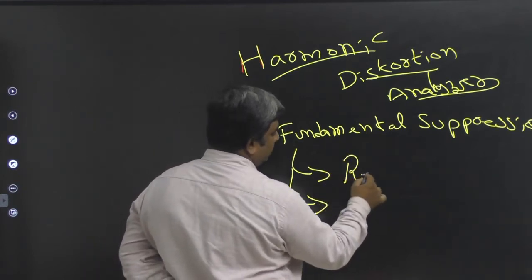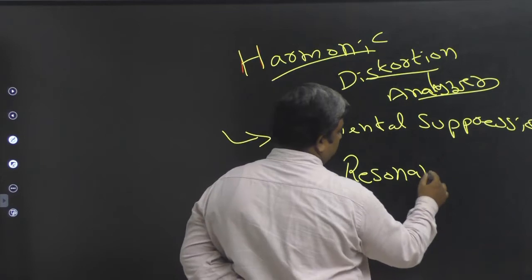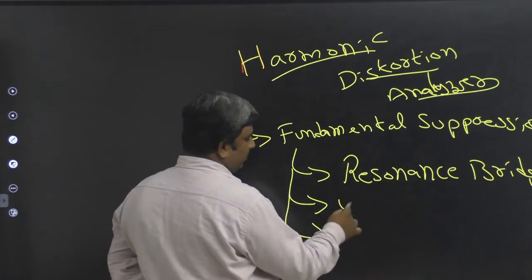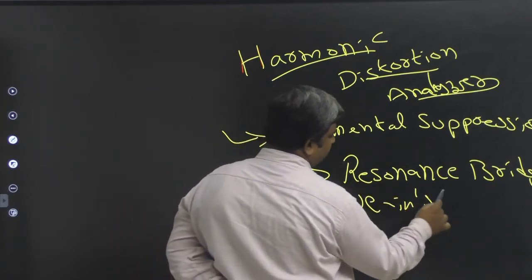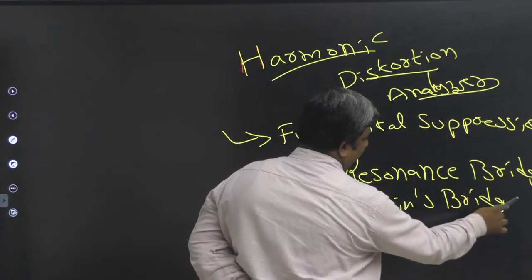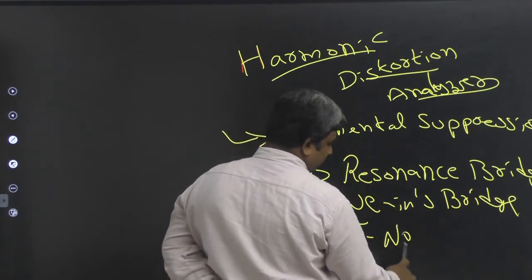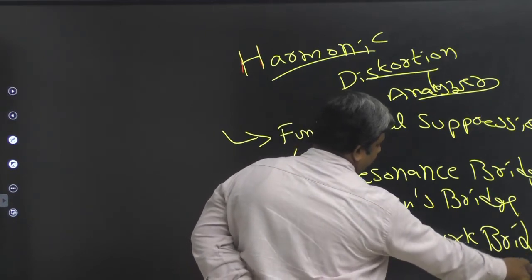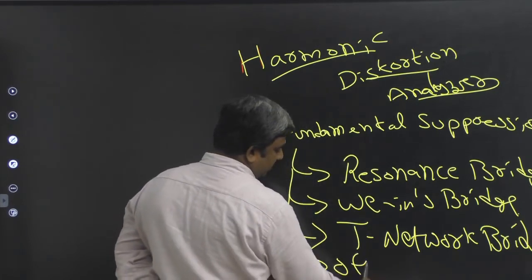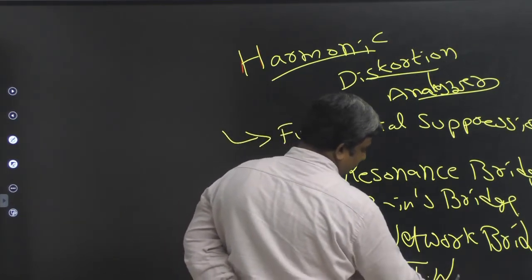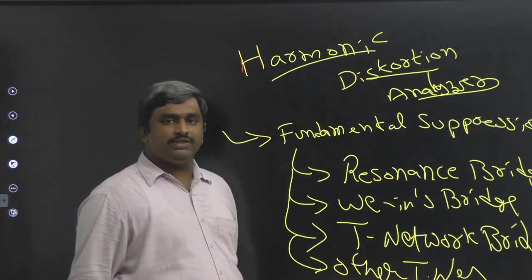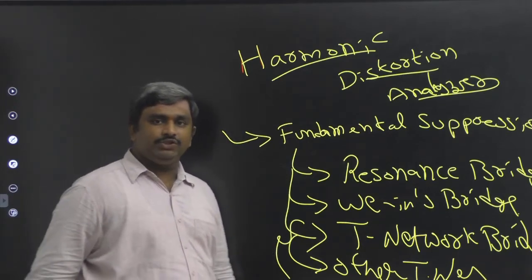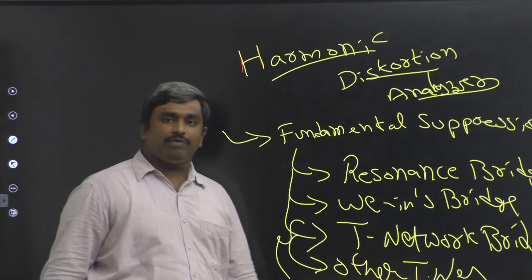The first one, the resonance bridge method. Next, Wien's bridge method. And then the T-network bridge method, and other forms of T-network bridge method. Totally we have seen three categories. The third category is divided into two: the normal T-network based method and the other T-network based method.